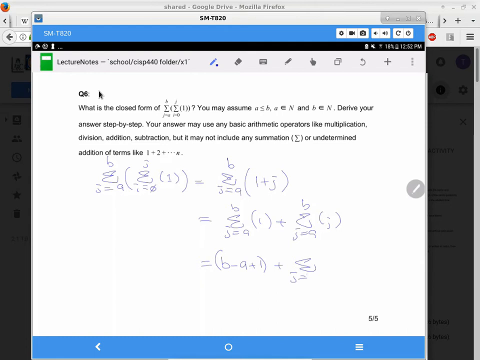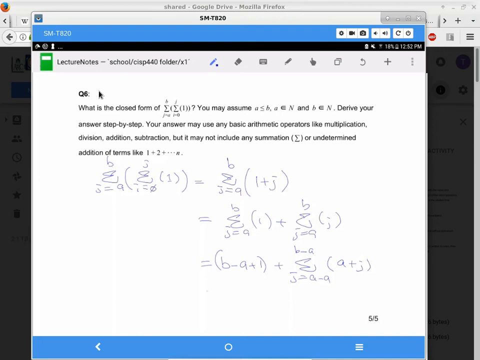So I can say this is going from a minus a to b minus a, and whatever we're adding here is a plus j. Is that okay? So the way I'm doing this is I'm adjusting the indexes to be a less than what they should be, but I'm adding that a back into the expression. So that's why it's still the same value as before. It's just that the way they're expressed is different. Is that okay?